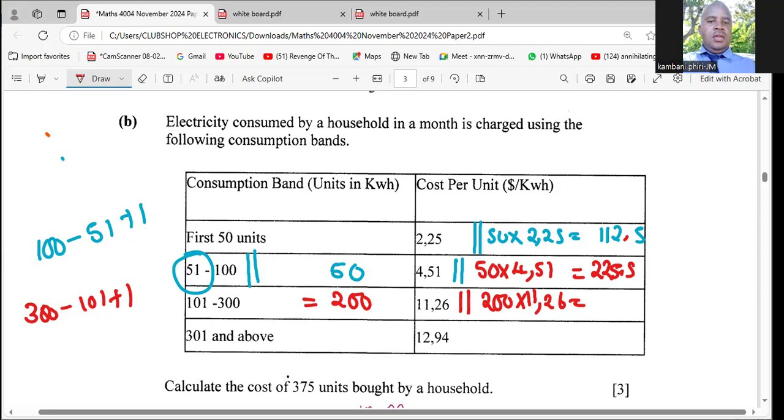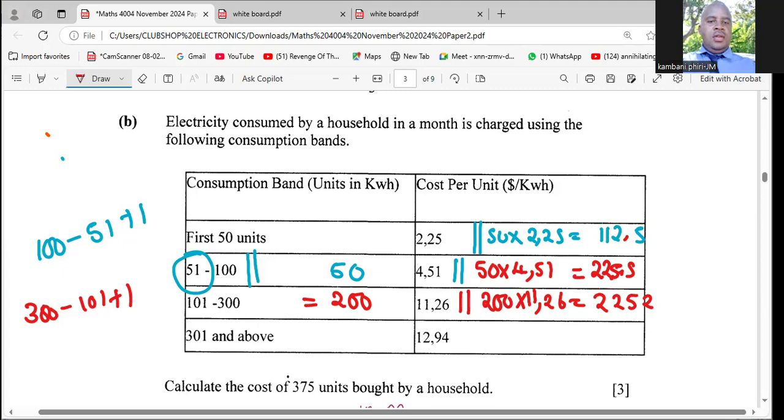So we are going to get 2,200. This is 6, not 5. It's supposed to be 6. $2,252.